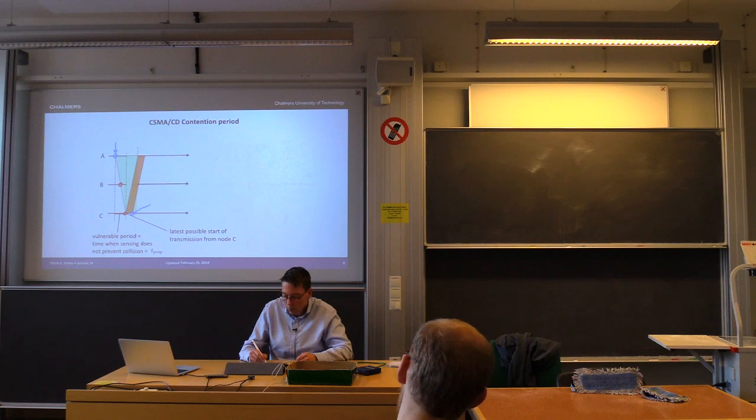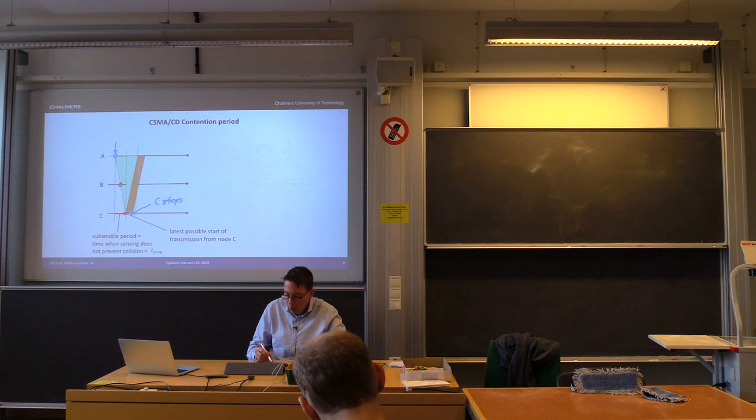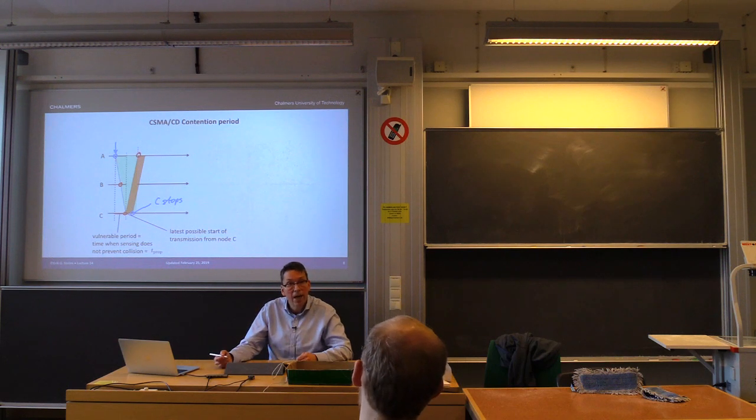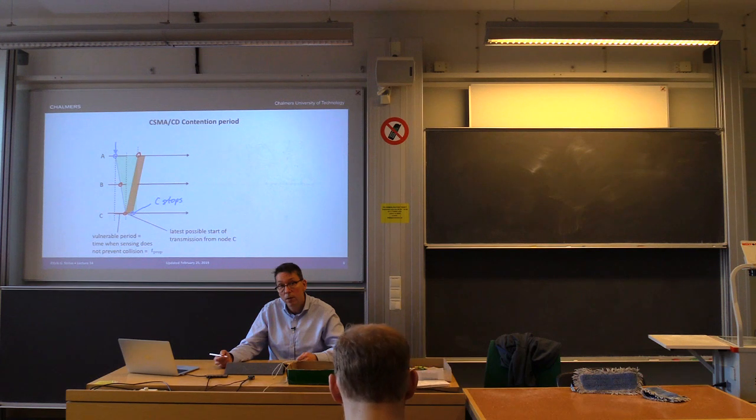So C stops. A on the other side has no idea that C has started to transmit. So A will happily continue to transmit its frame until this point in time, which is when A knows that C has transmitted something.